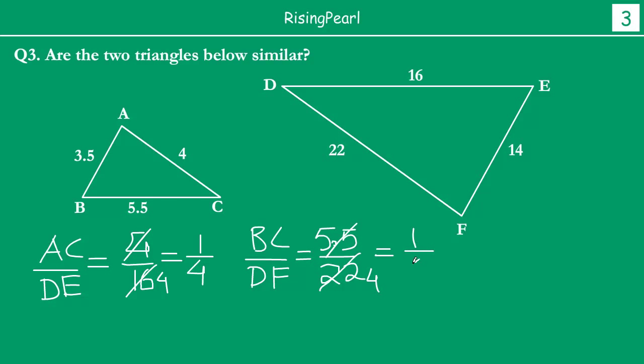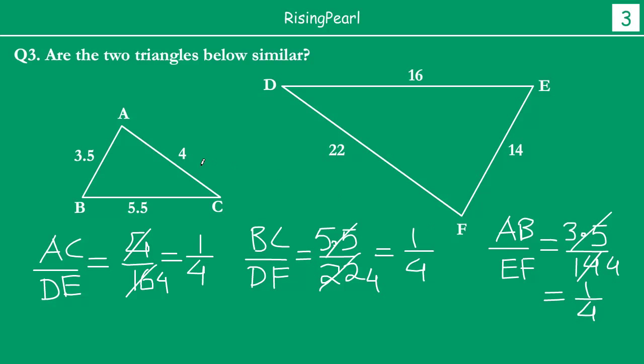This is 1/4. So we are left with AB, and here we are left with EF. AB is 3.5, and EF is 14. So 3.5 times 2 is 7 times 4. This is again 1/4. So these two triangles are indeed similar triangles.